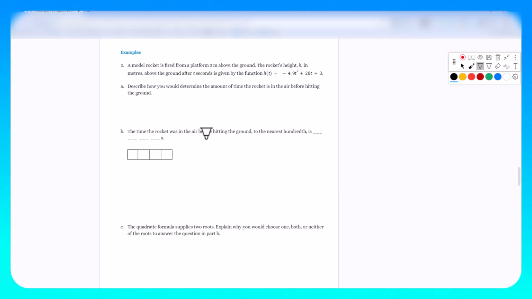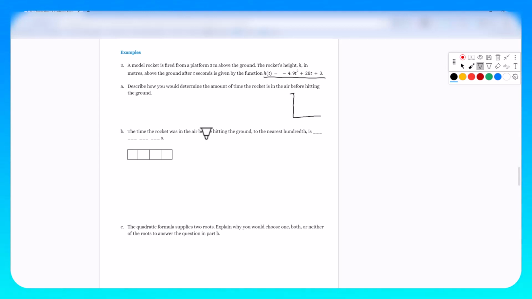Well, let's look at some examples. A model rocket is fired from a platform 3 meters above the ground, and the height in meters above the ground after t seconds is given by this formula. Describe how you would determine the amount of time the rocket is in the air before hitting the ground. Well, let's remember, if we kind of have an idea of what's going on with this.